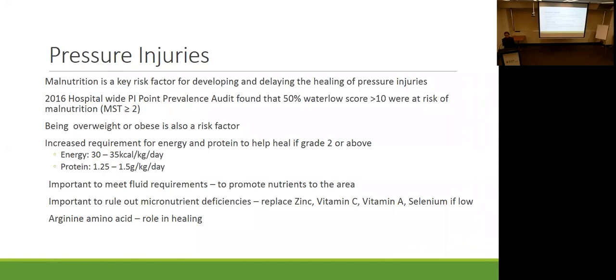So the only thing that I would recommend in patients that are obese, where we don't want that extra energy, we want that higher protein, is something like Beneprotein, which is a pure protein powder with 6 grams of protein per scoop and not very much energy at all. But that's not very palatable, so compliance is low.